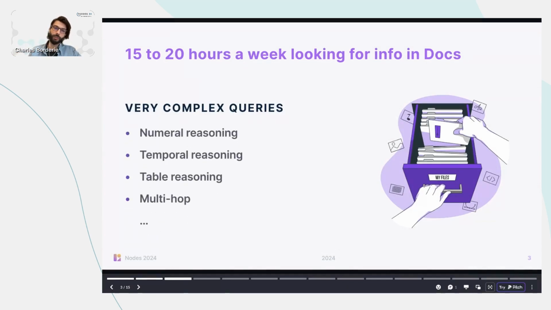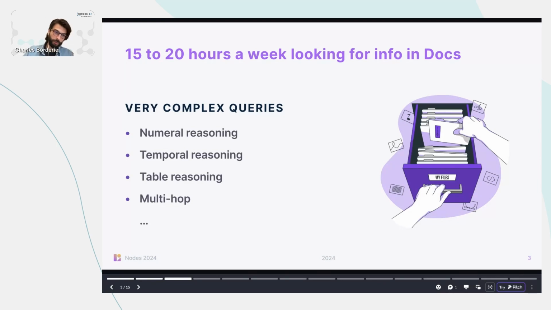The type of questions that we've been working on could be numerical reasoning, involving a lot of different dates, involving timelines, involving growth forecasts, for example, with temporal reasoning. And so you want to merge percentages with dates and you want to see how it evolves, for example.